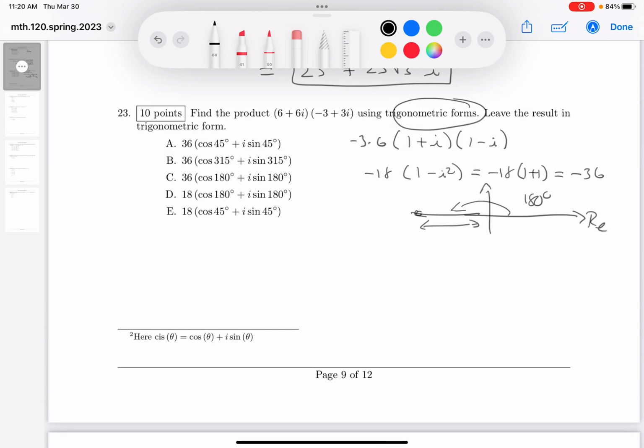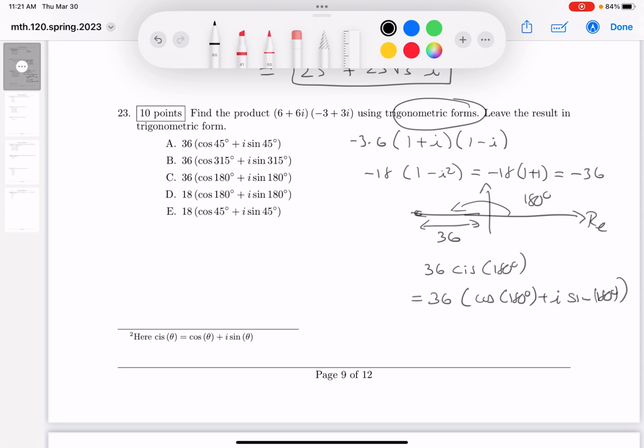And again, this length over here is 36. So what do you get over here? Trigonometric form is going to be 36 CIS of 180 degrees. I don't see that answer listed, so I'm going to write down the cosine sine. So cosine 180 degrees plus I sine 180 degrees.